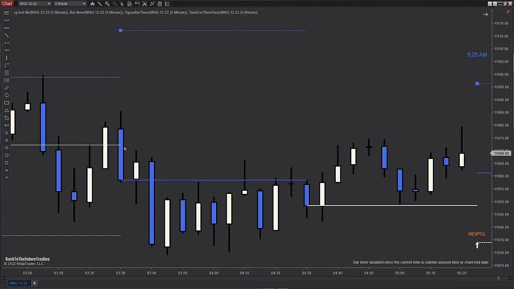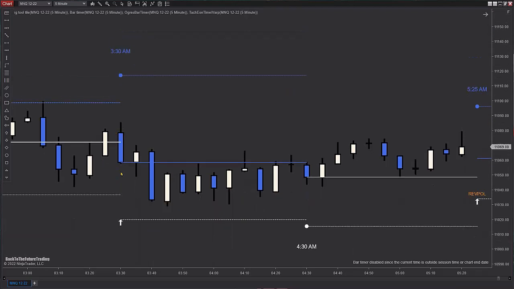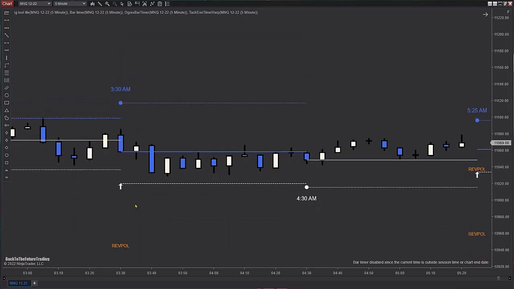So this candle closes blue, and that ends up being a rev pull, as far as I'm concerned, and it does indeed print the rev pull because we get that next candle closing above and going in the opposite direction.